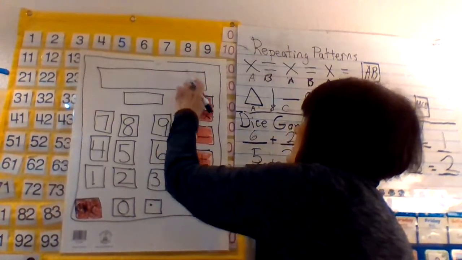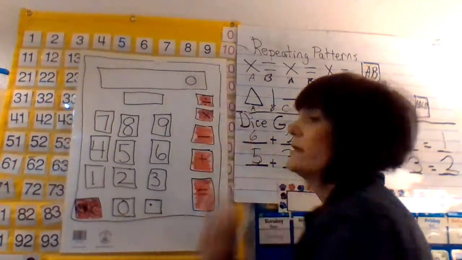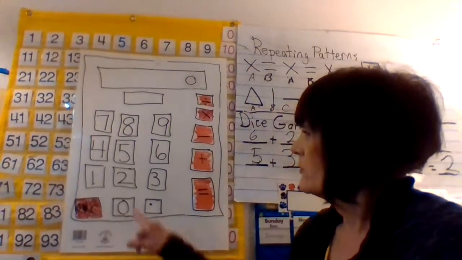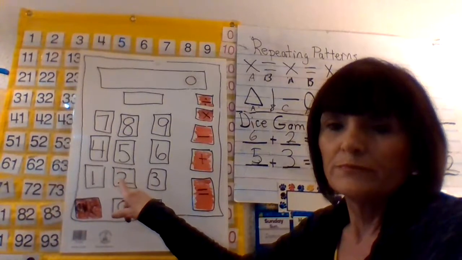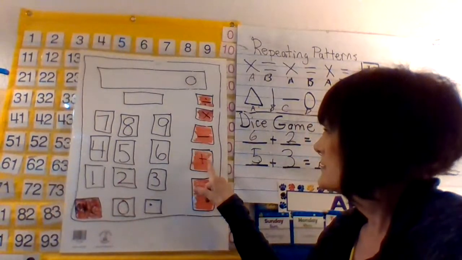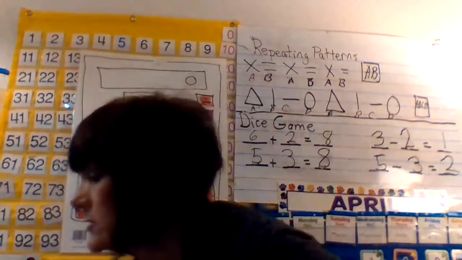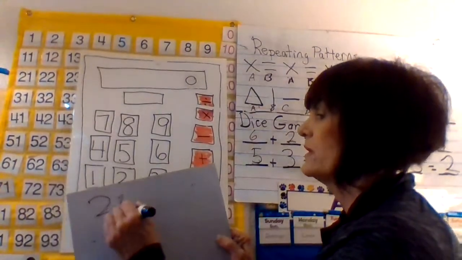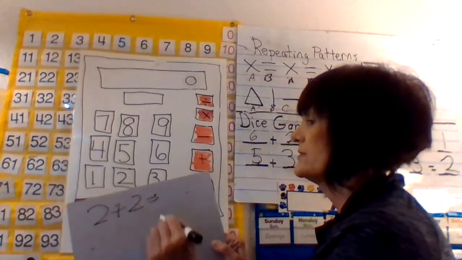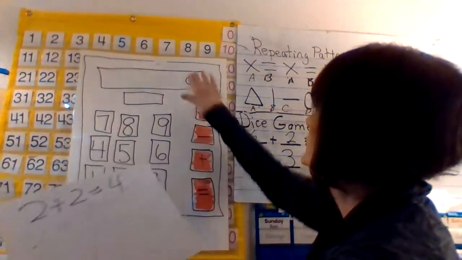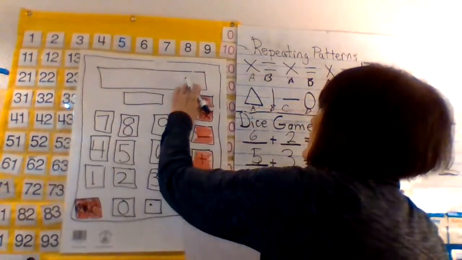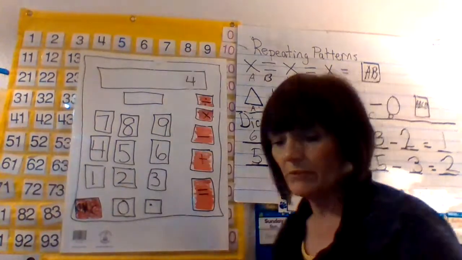There we go. 0 in your display window. Push the 2. Push the plus, push the 2, push the equal. So you should have done 2 plus 2 equals, and you should have a 4 in your display window now.